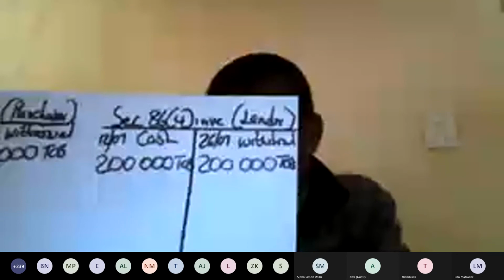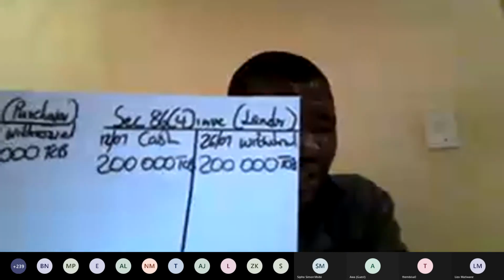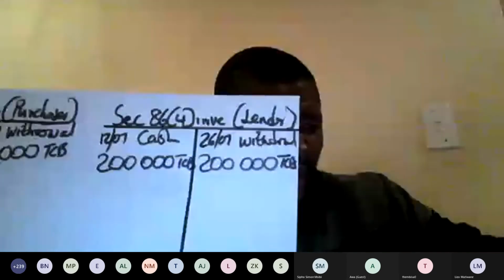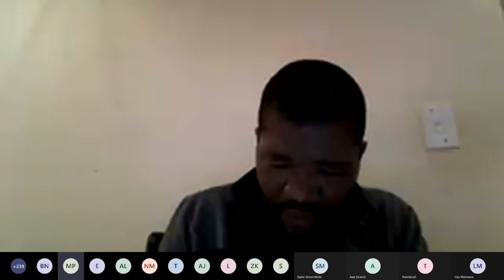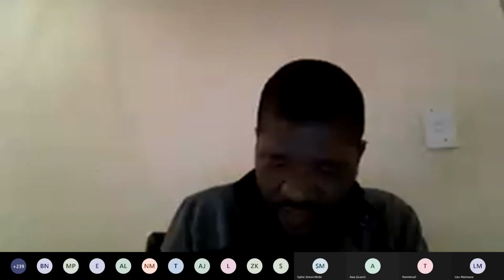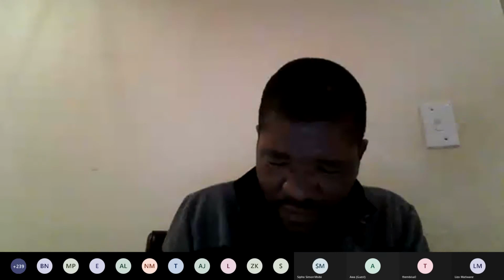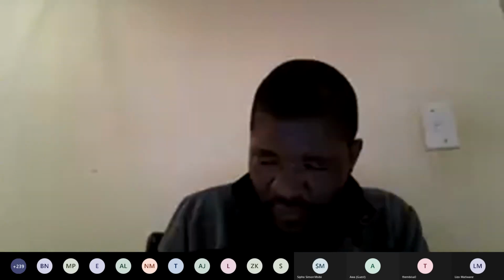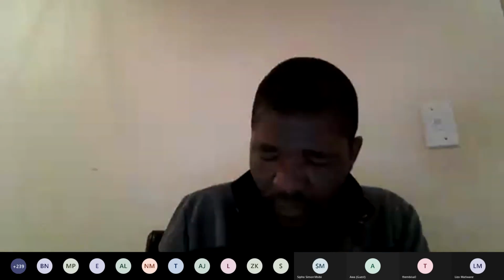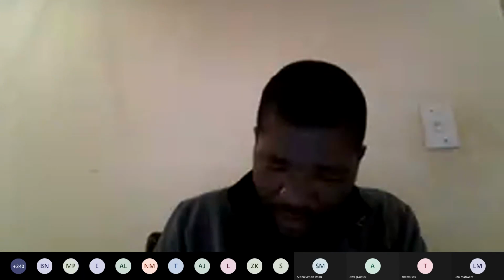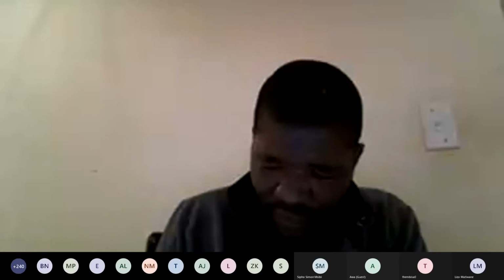Let's all go to the trust cash book and debit the 200,000 Rand. On your trust cash book, on the left-hand side, which is the debit side, you are going to record that 200,000 Rand. 26th of 7, the section 86.4 investment, lender. That is 200,000 Rand.